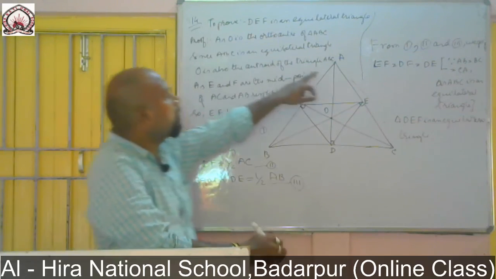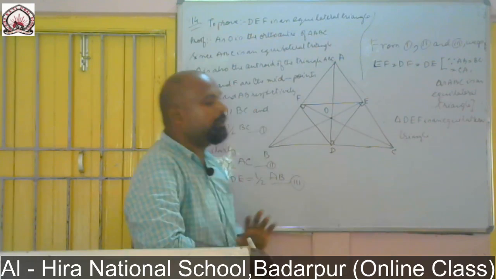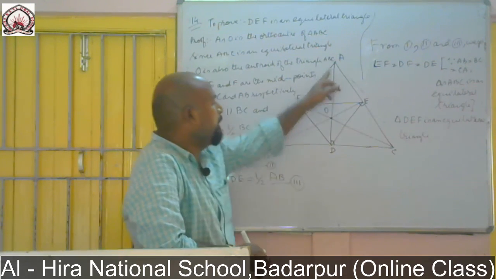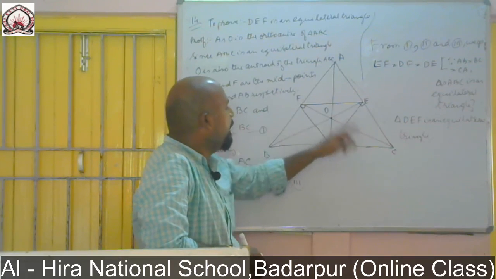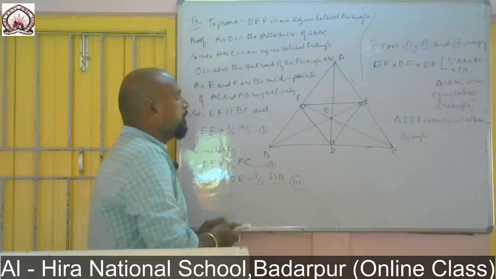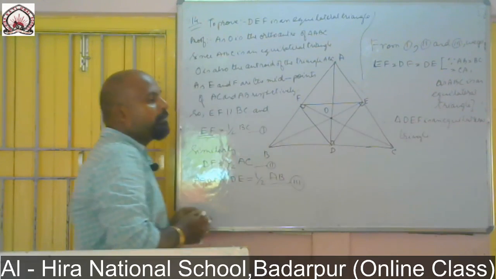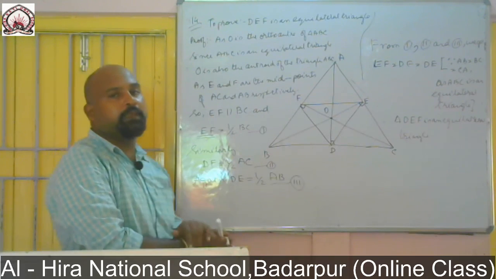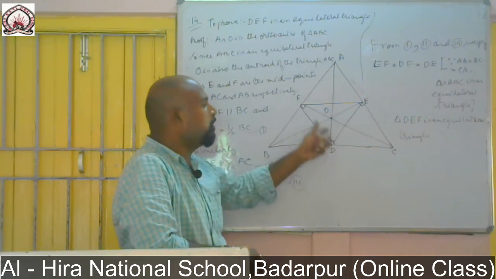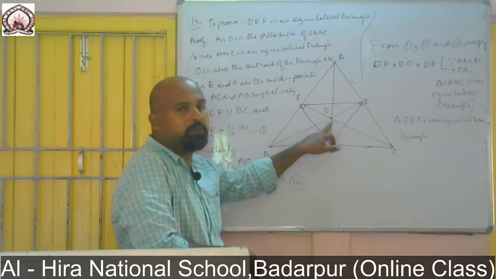Now, in the question they have given us that ABC is an equilateral triangle, and AD, BE and CF are the altitudes of the triangle. So we have to prove that the triangle formed by DEF is an equilateral triangle. Where the perpendiculars meet at a point, that is called the orthocenter.